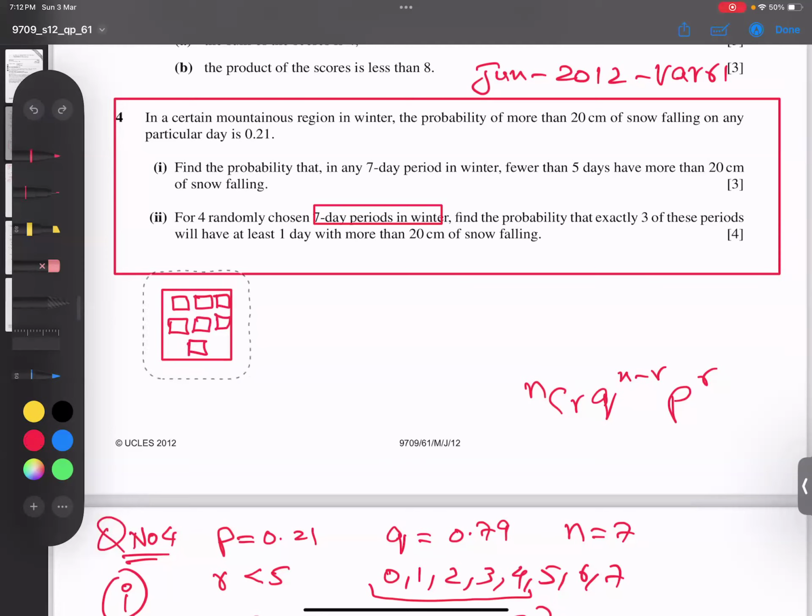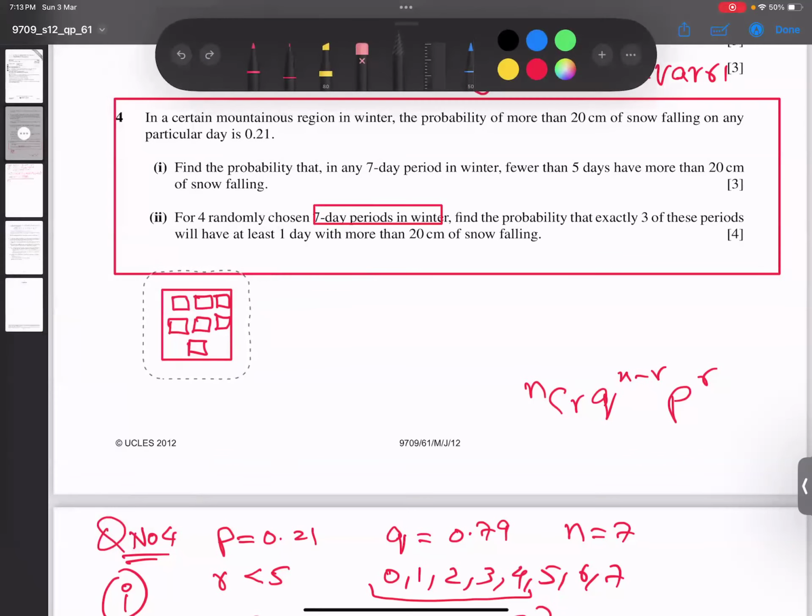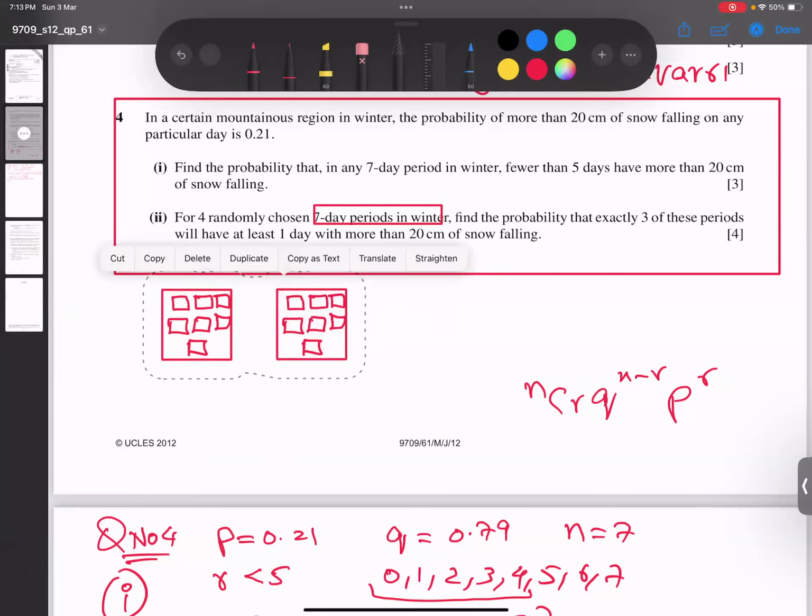Similarly, we have how many weeks? I'll just show you, copy. This diagram is not needed for the examiner, just for your understanding. So 4 weeks like this I will take: 1, 2, 3, and 4.